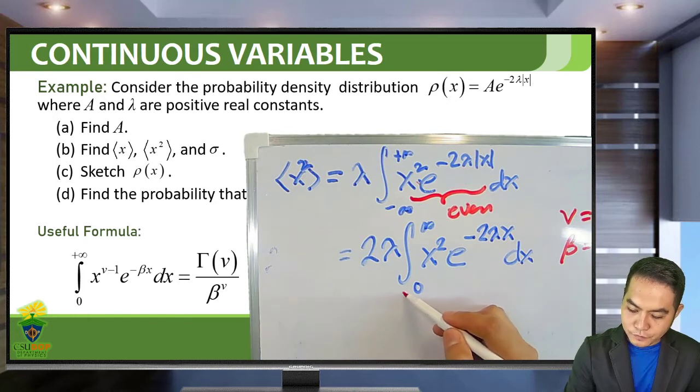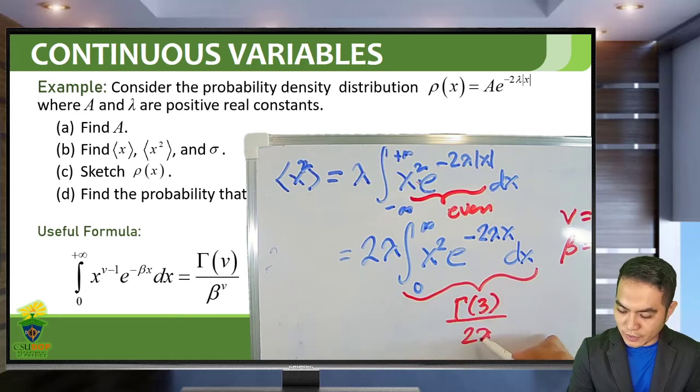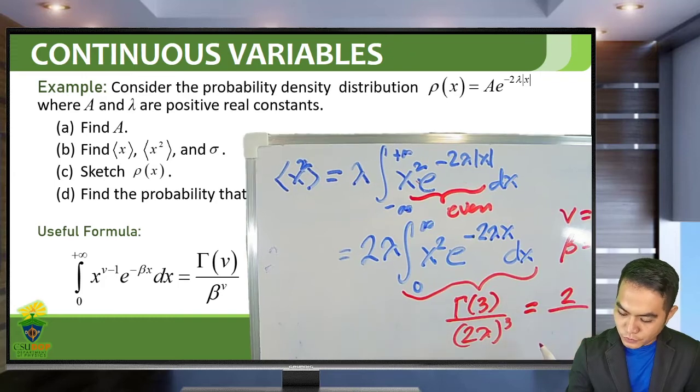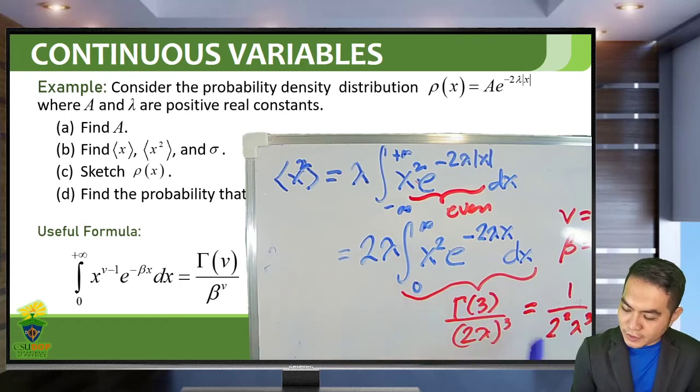Therefore, the evaluation of this integral is just gamma of 3 over beta, which is 2 lambda, to the power of 3. Gamma of 3 is just 3 minus 1 factorial, or 2 factorial. So 2 over 2 cubed lambda cubed. There's a 2 cubed here and a 2 here, so therefore there's a 2 squared, and you have lambda cubed. So this is the result of our integral.